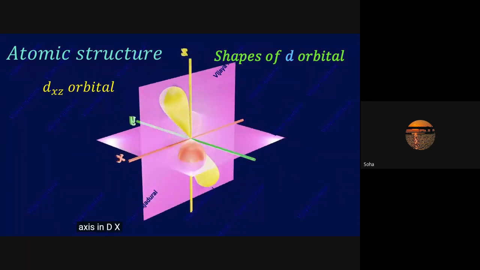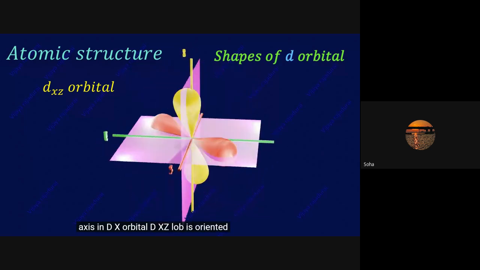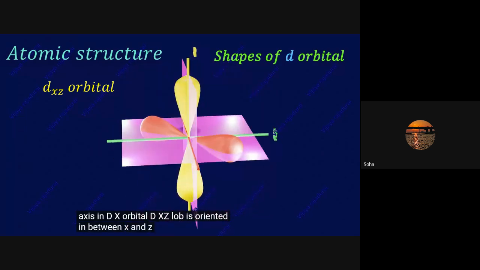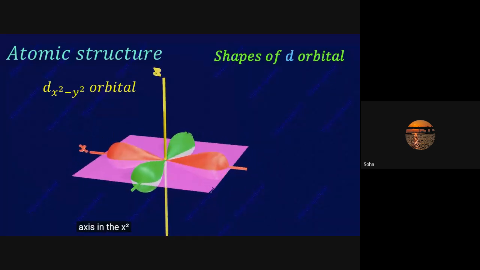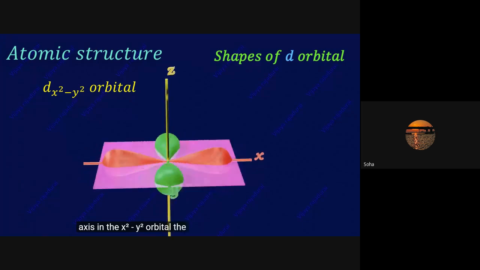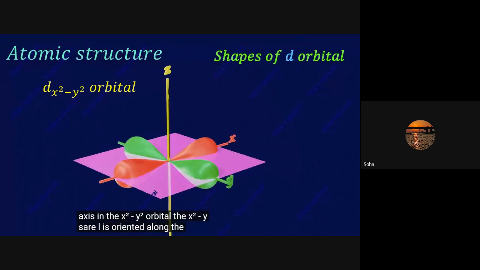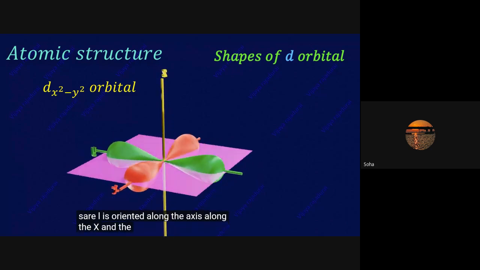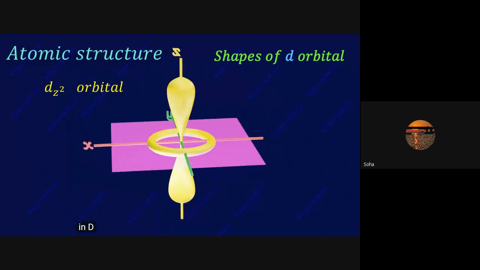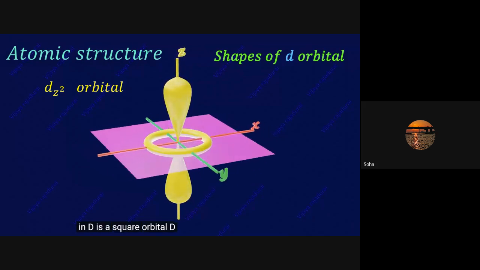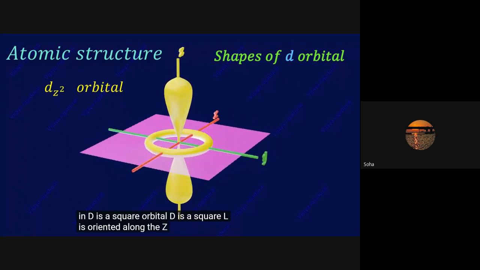In the xz orbital, the xz lobe is oriented in between the x and z axis. In the x square minus y square orbital, the lobe is oriented along the x and y axis. In the z square orbital, the z square lobe is oriented along the z axis.